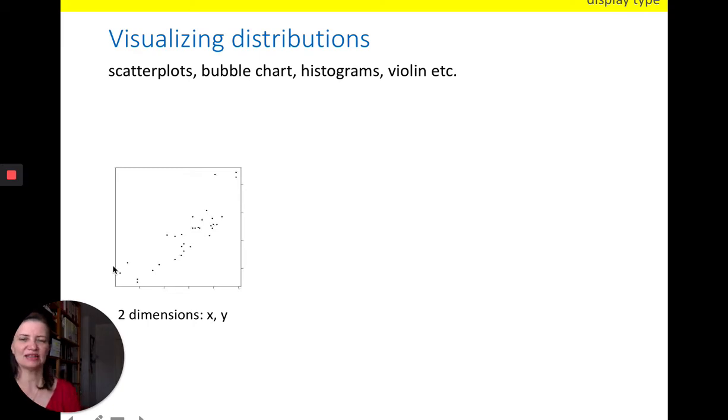However, the scatter plot is extremely versatile, which is why it's so popular. It does not allow us only to visualize your shoe size on the x and your body height on the y, but instead we can add in observations about a third dimension.